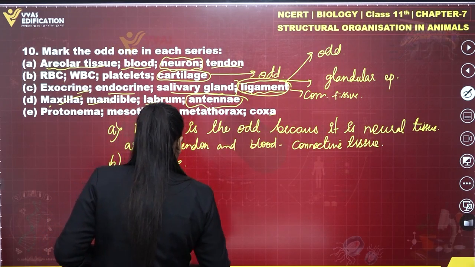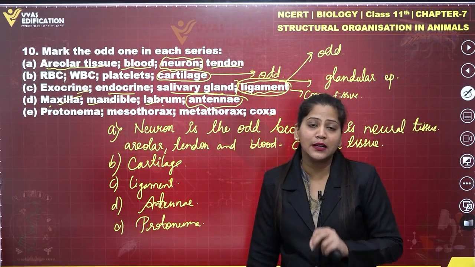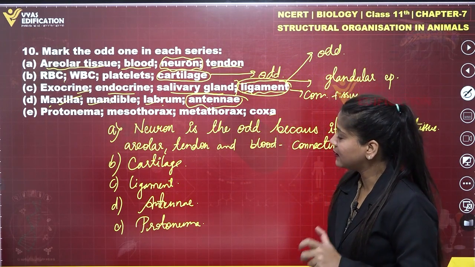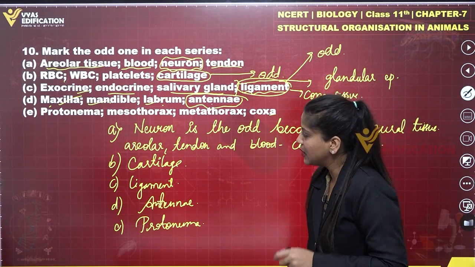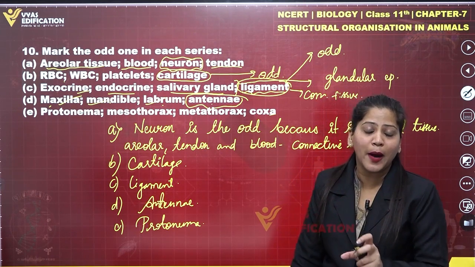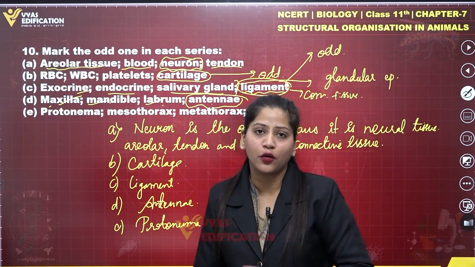Because protonema is actually a developmental stage in the life cycle of a moss, whereas in this part E we have mesothorax, metathorax and coxa as the segments or the parts of legs of cockroaches.